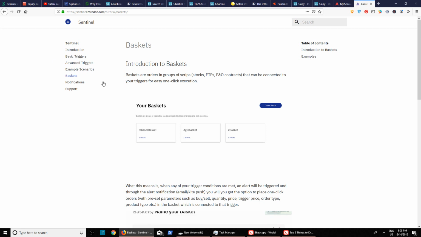Now here in Sentinel, it's basically a group of scripts. If you have created a trigger, you can, for example, if you think that you want to buy Tata Motors at price 160, and you don't trade every day, you don't monitor the markets every day, then it's a great tool to create a basket order.